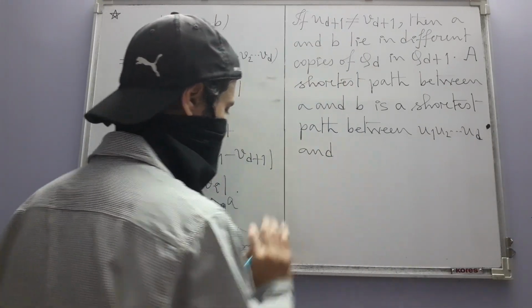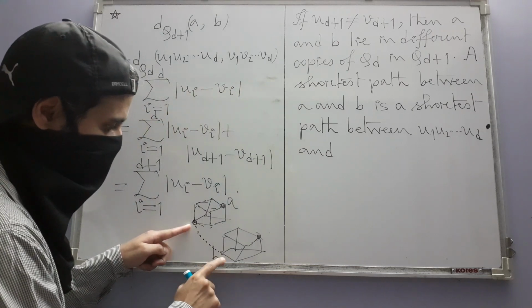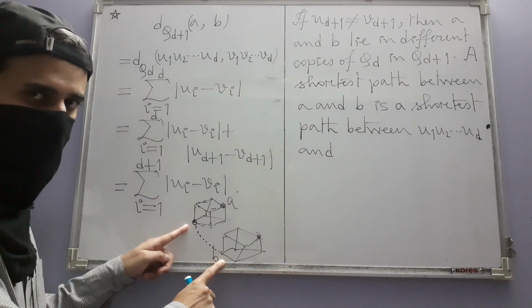And now what is this vertex? That would correspond to B, but it lies in the other copy.